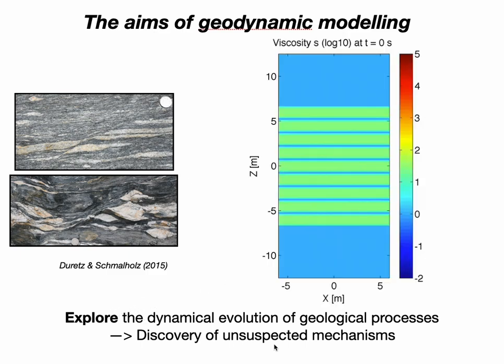So here the geodynamic model could be used to explore the dynamic evolution in a geological process. And this mode of strain localization in multilayer was kind of the discovery of a new mechanism, because it was impossible at the time to do the same calculation with an analytical model. It would be too complex.